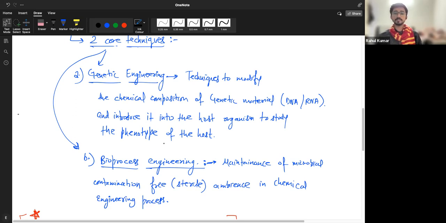Have you heard of chemical engineers? Do you know what chemical engineers do? And now there are bioengineers or biotechnological engineers. You can actually do a bachelor's degree in biotechnology engineering, called BTech Biotechnology, which means you learn about these things to make a career in it.